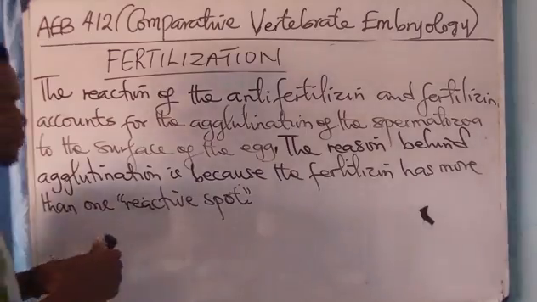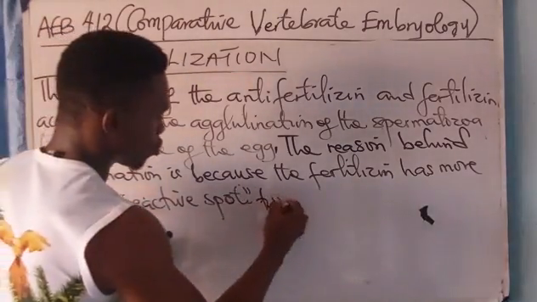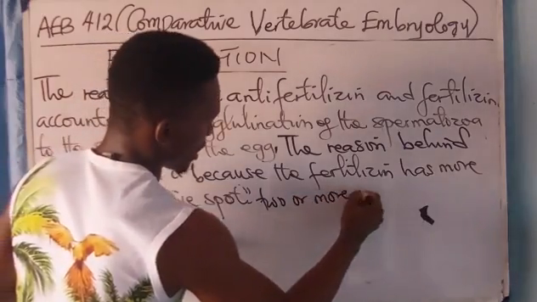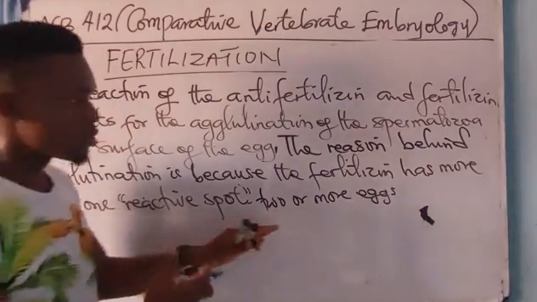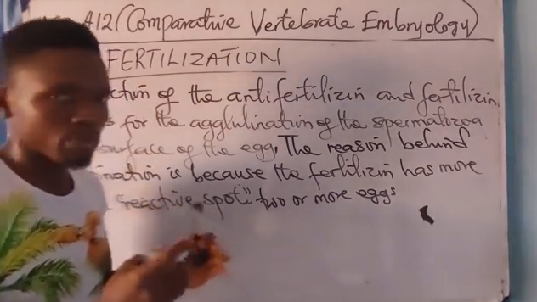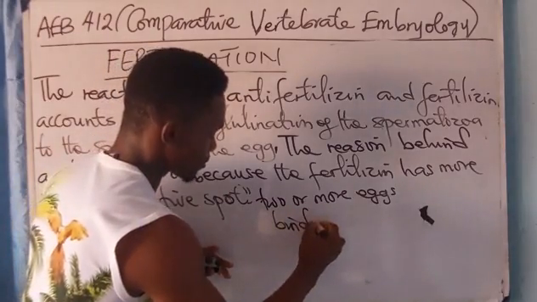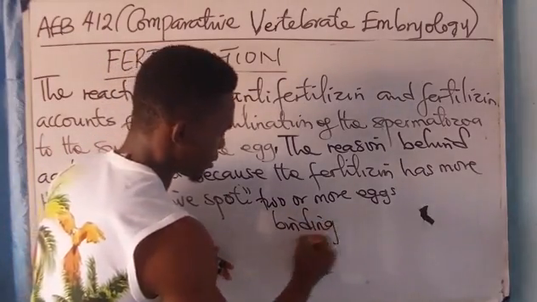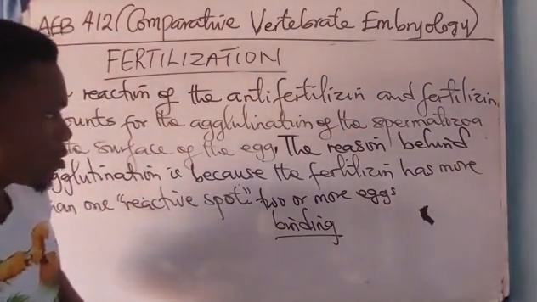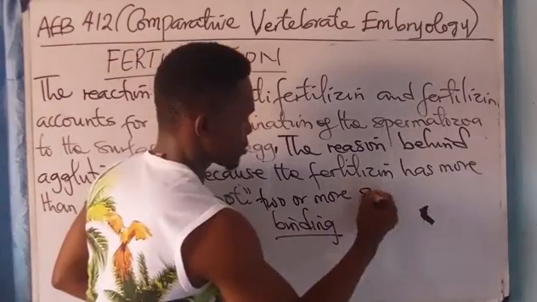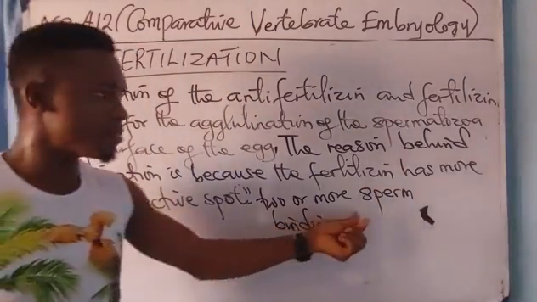Now, these reactive spots will begin to adhere themselves to two or more eggs. As soon as they adhere themselves to the surface of these eggs, what happens? They will bind these sperms together.